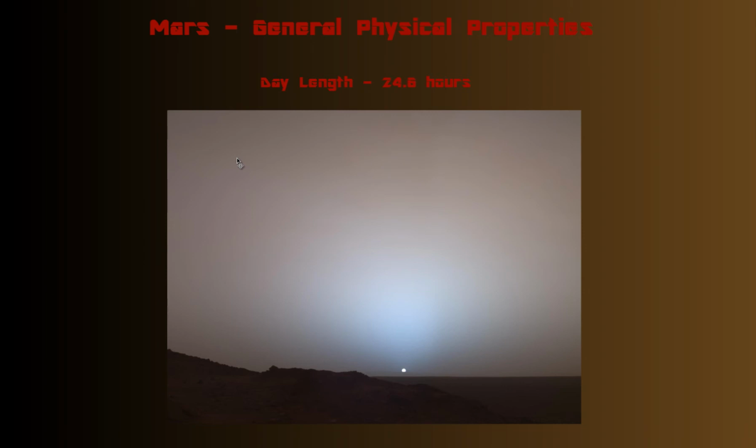If they keep the Mars schedule, the next morning they'll wake up at 8:40, and then the next morning at 9:20, and so their day shifts by almost 40 minutes every day, and that's a little hard to manage.